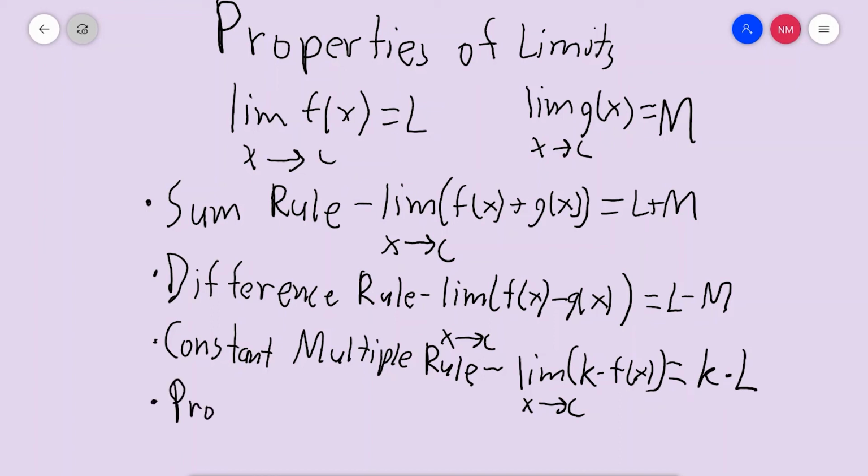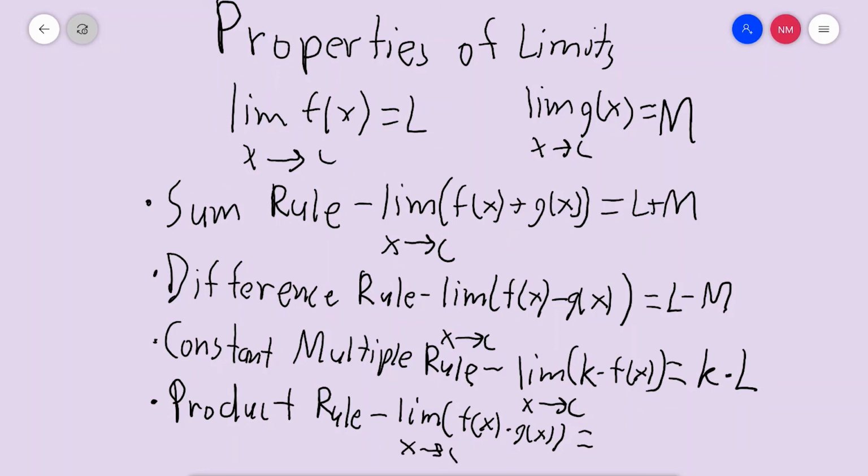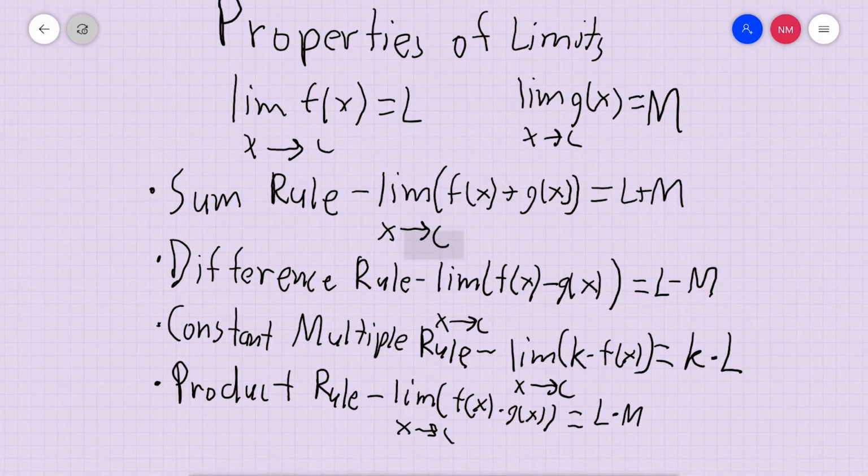So next is the product rule. If we want to find the limit of f of x multiplied by g of x, then that would just be L times m.